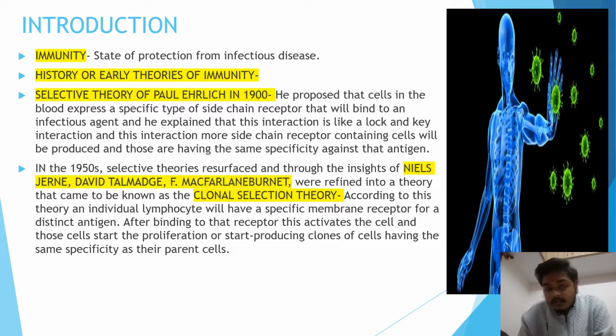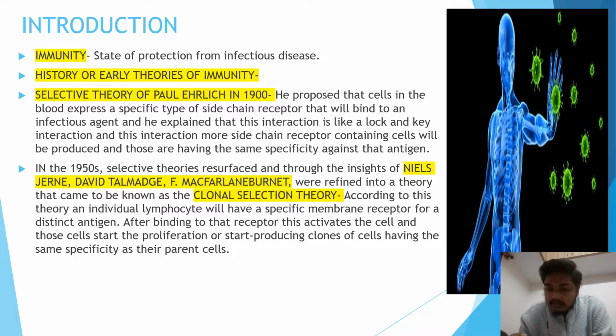There are different defender cells in the body that express a specific type of antibody, and this antibody helps to protect our body against the antigen by binding with it.